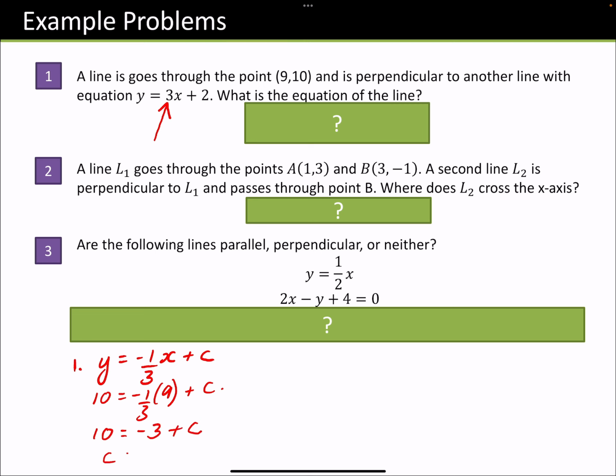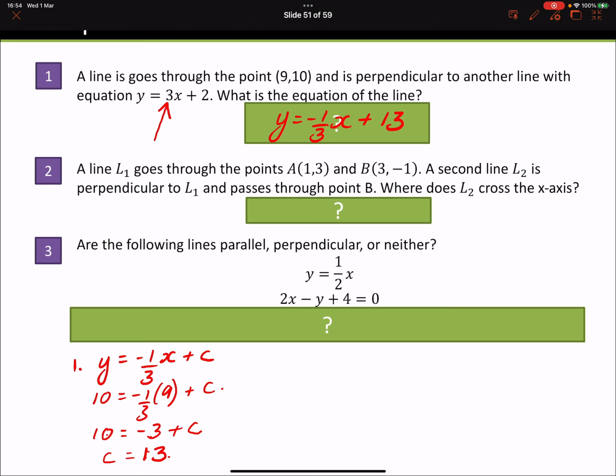So therefore you can see that c, how do I get from minus 3 to 10? I need to add on 13. So my equation here is y equals minus a third x plus 13. Okay? We're getting quite hard here, so you're going to have to use your brain a little bit.